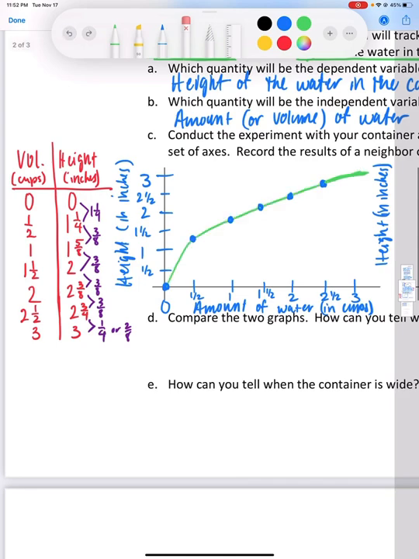Oops, that took off too many. Okay, so here's our data points on our graph.